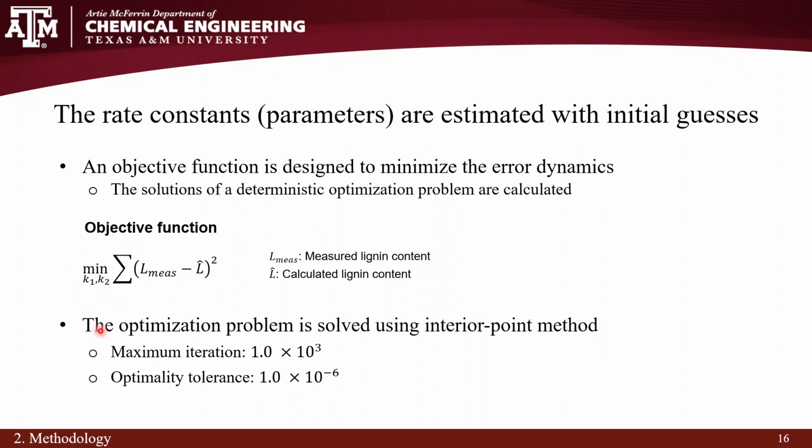And this optimization problem is solved using the interior point method, which is widely used for convex optimization problems. The maximum iteration is set to 1,000, and the optimality tolerance is set to 10^-6, which means that when the objective value is lower than this tolerance, the iteration stops and is assumed to have converged to the solution.